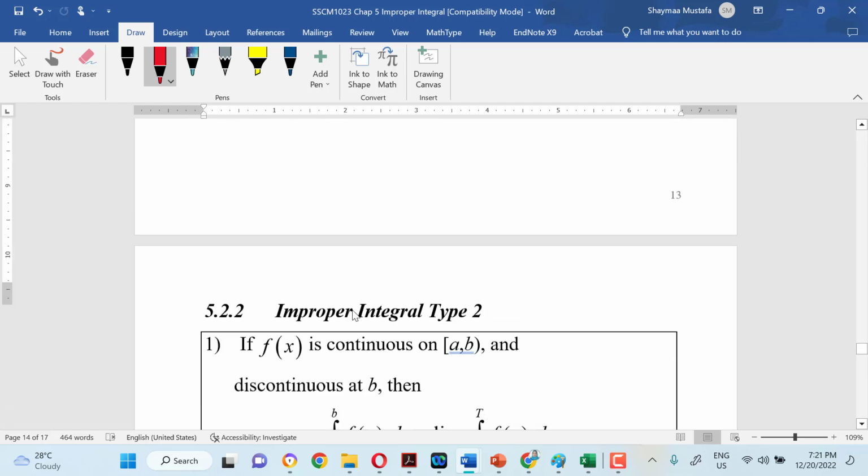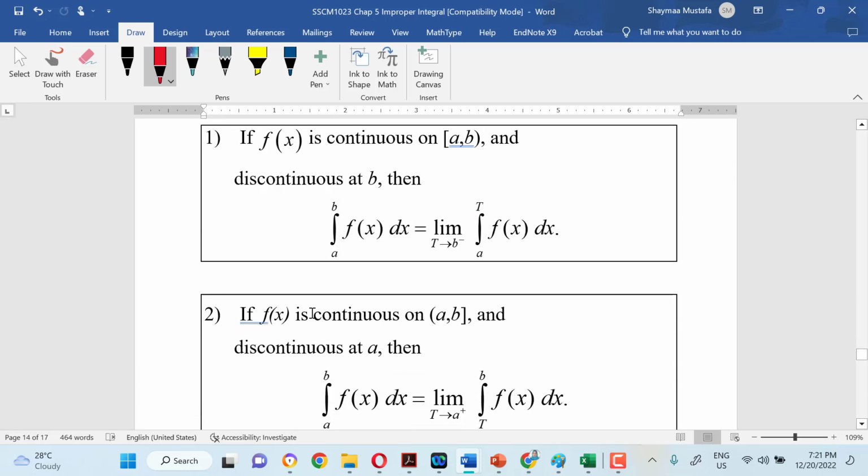Okay, now this is the first type of integration, when we have a boundary that goes to infinity. Sometimes we have other kinds of integration where the boundaries do not go to infinity, the boundaries are numbers, but the function itself is not defined at this number or at any number in between. For example, sometimes f of x is not defined at b.